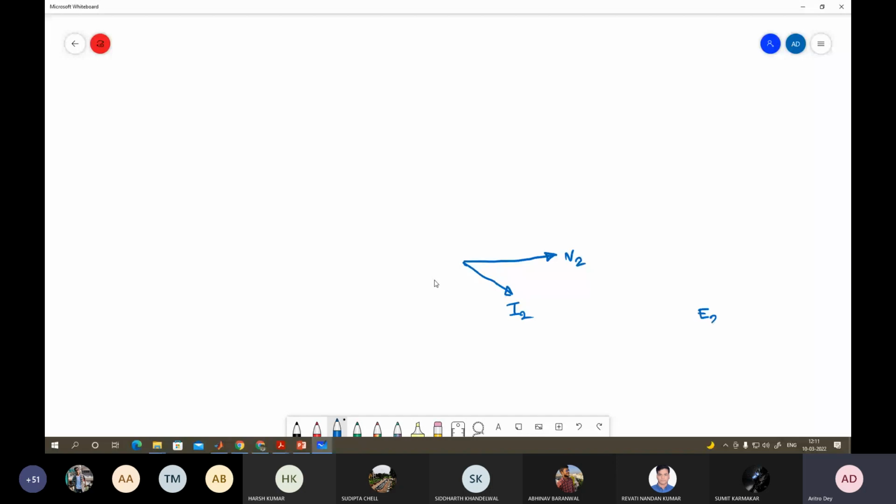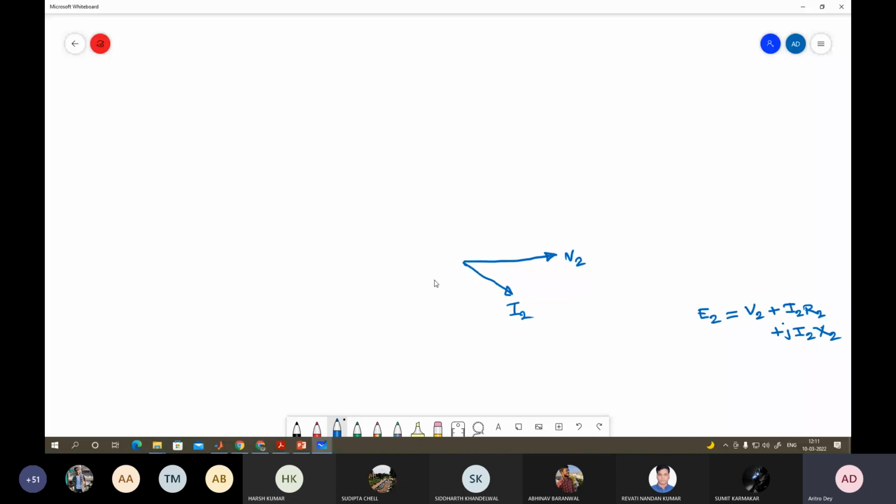E2 is basically V2 plus I2 into R2 plus j into I2 into X2, isn't it? Where R2 is the resistance of the secondary coil and X2 is the inductive reactance. So how can we draw the phasor diagram for E2?